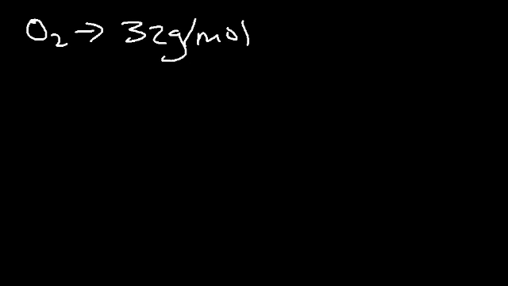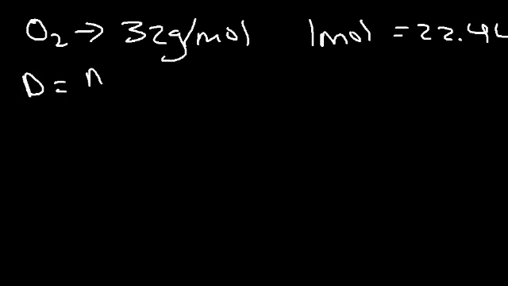So now at this point, we've covered all of the important equations for gas laws, at least the most common ones. But there is one that I do want to mention, and it's gas density at STP. Now let's say for oxygen gas, which has a molar mass of 32 grams per mole. And at STP, keep in mind, 1 mole of gas occupies a volume of 22.4 liters.